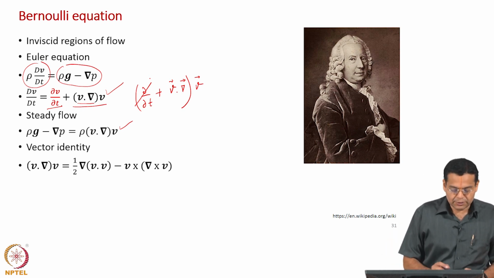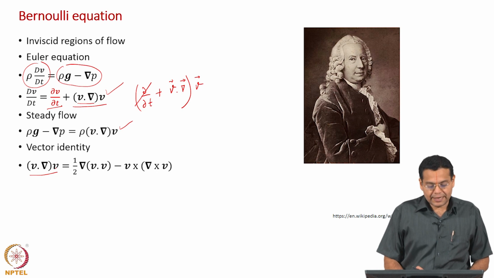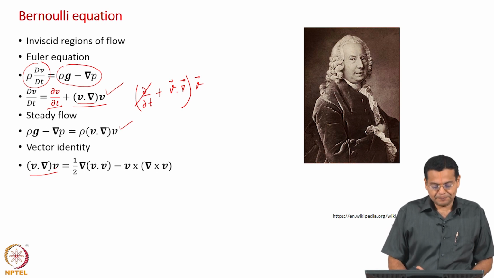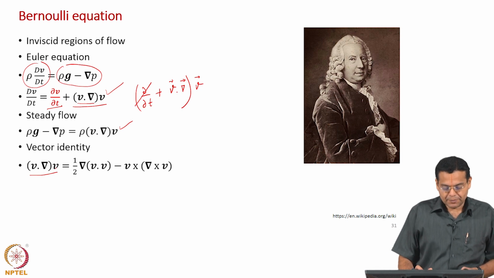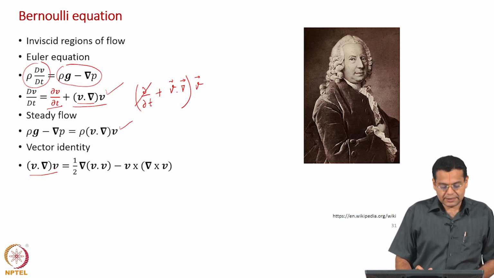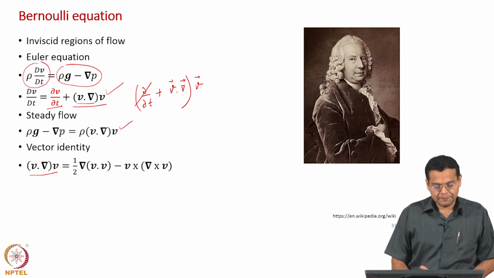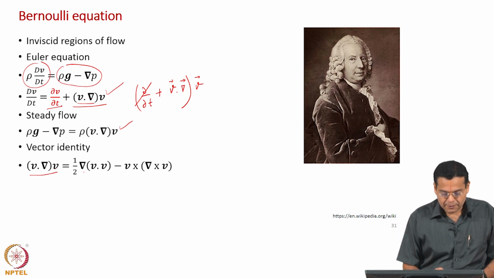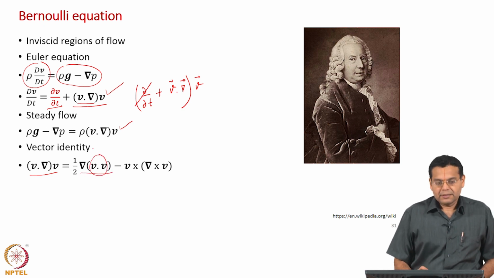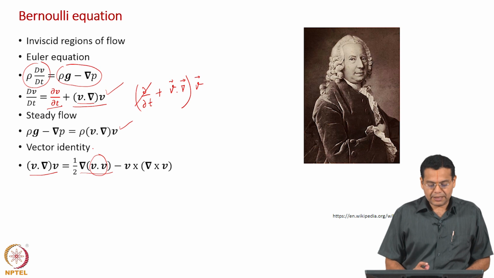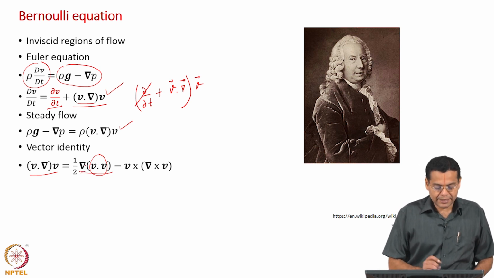What does it tell you? The left hand side we have v dot gradient operating on velocity, and v dot gradient is the scalar operator operating on a vector. So, left hand side is a vector. Right hand side we have gradient of v dot v. V dot v is a scalar, the magnitude of v squared, and gradient of a scalar will give a vector.